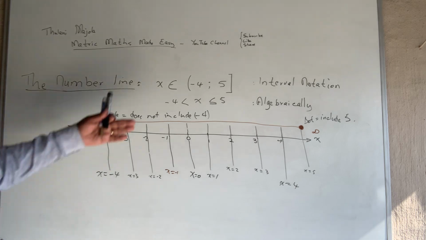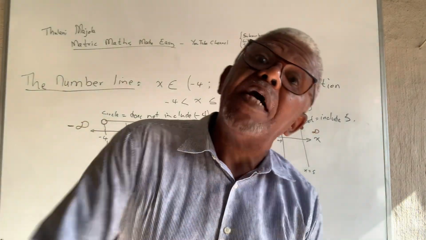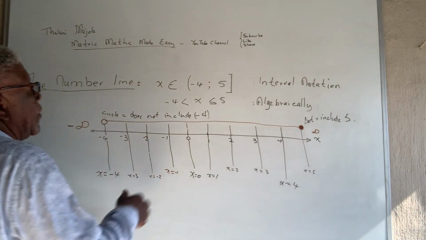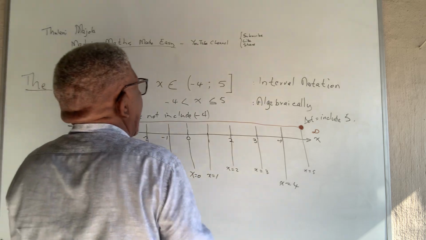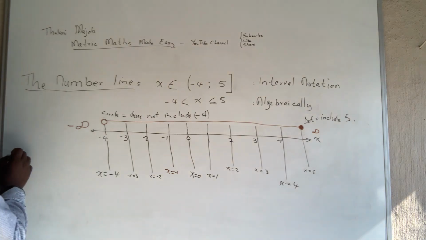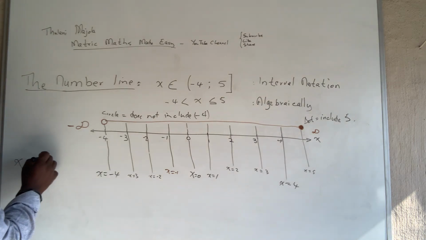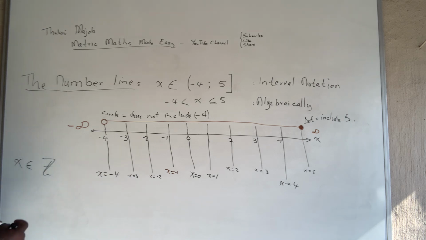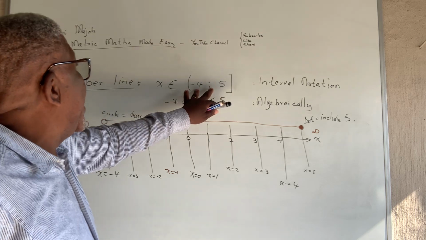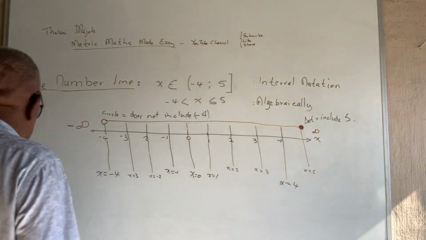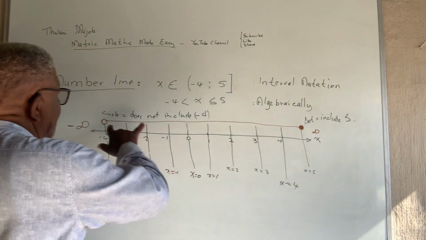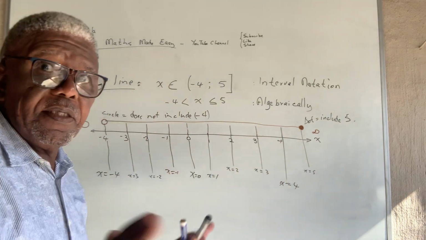Now, because it's not specified which numbers, sometimes you specify. Say I only need the integers. So we say, okay, fine, x is an element of the integers. We all know that integers are represented by the letter Z. Now, if you say integers between -4 and 5, on this number line, because these are all real numbers, but now we only want the integers on this number line.